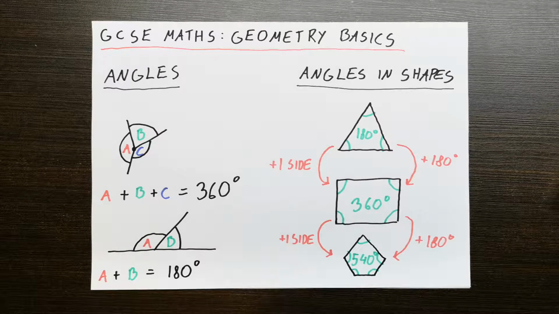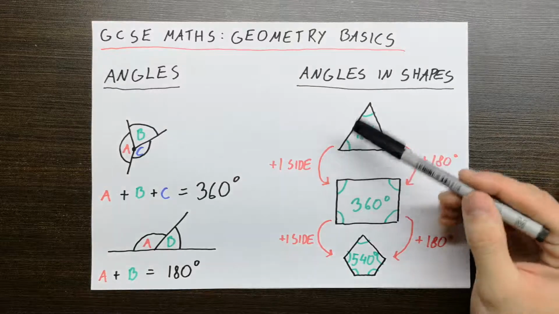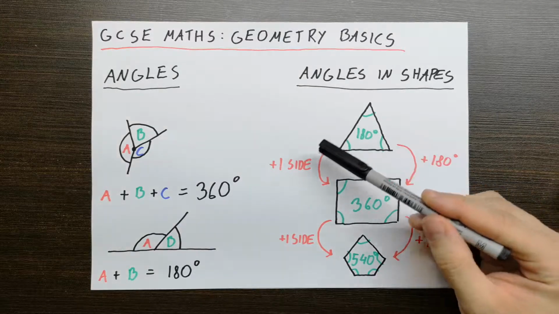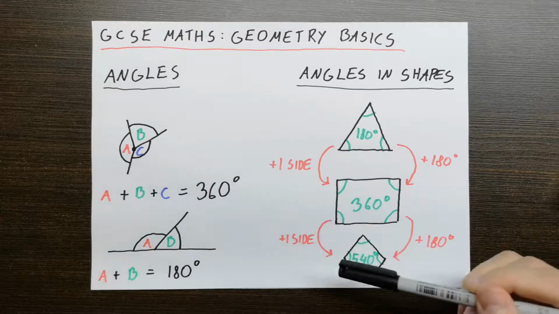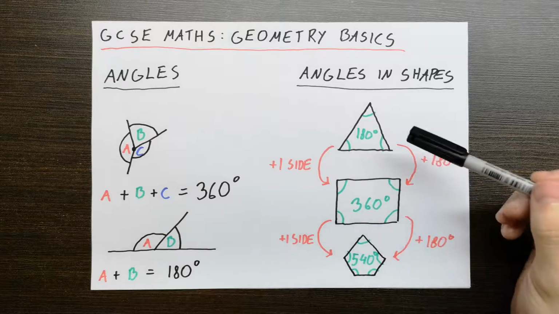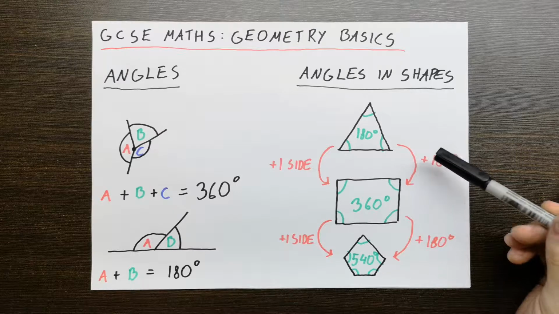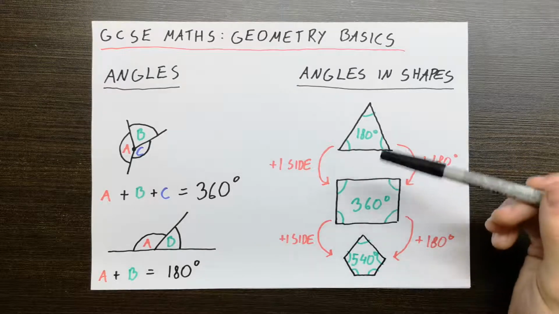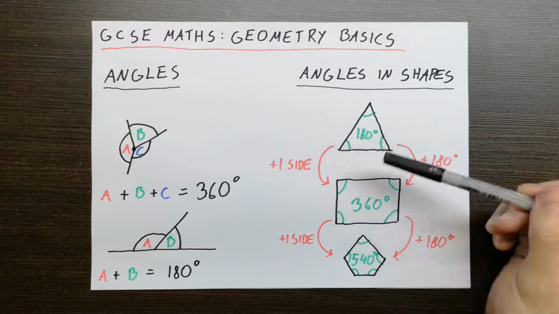Now, you can try to memorize these, but the much simpler system I find is that there is a logical sequence here. If you think about this, we are starting with a triangle and we are adding one side to make a square, and then we are adding one side to make a pentagon, and every time we add a side, we add 180 degrees. So a closed three-sided shape will be 180 degrees.